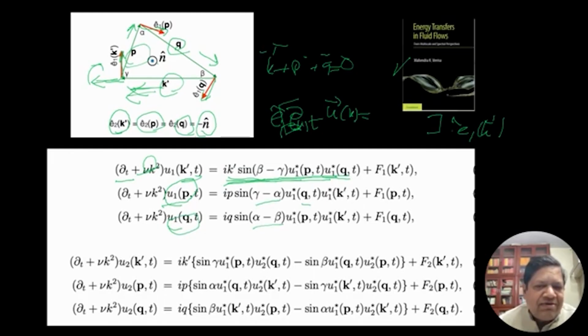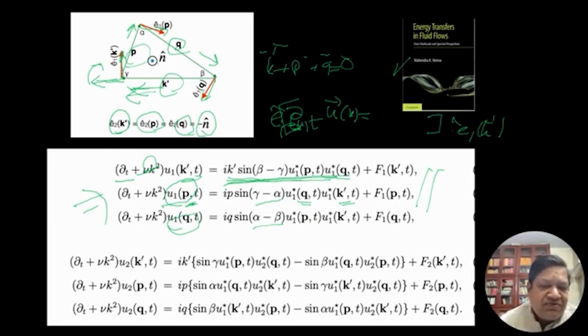The wave numbers on the right are not what is there on the left. If I am looking for U1p, then this is U1q, U1k prime. And these are the forces. So this is nice for a single triad, and we just work with this expression on the right.